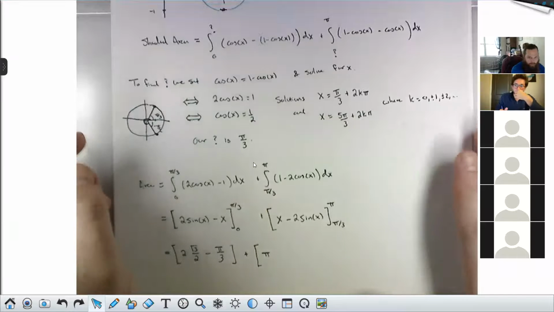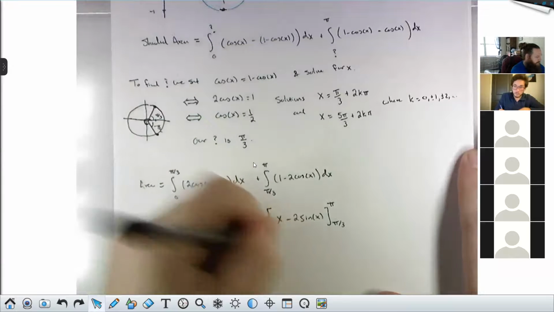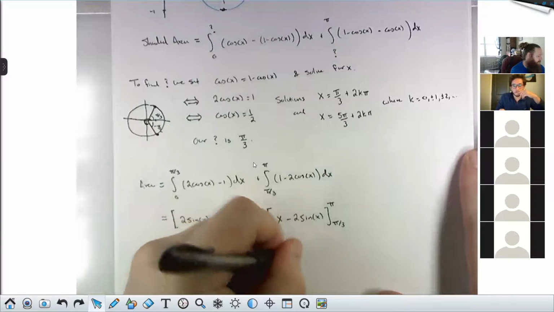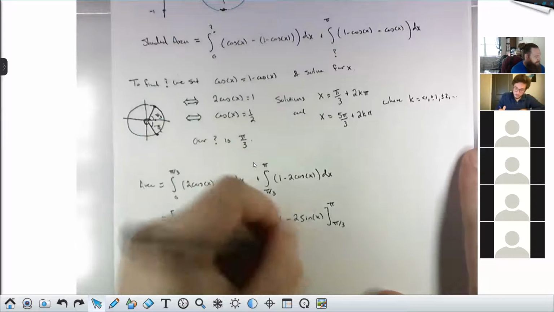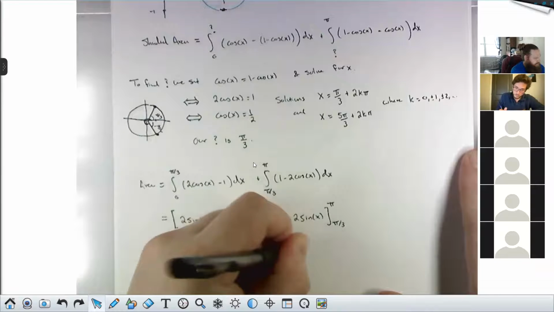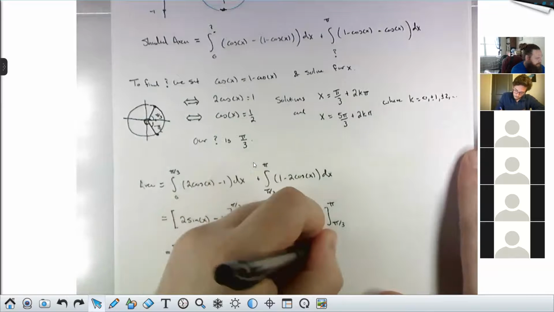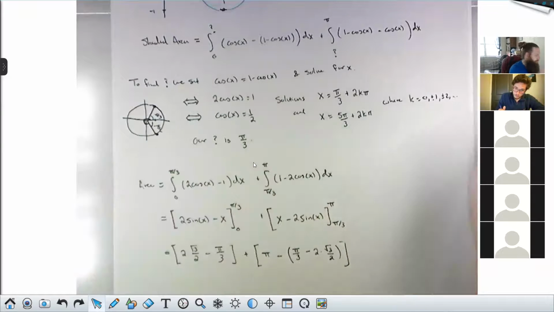0. Very good. When I plug in pi over 3, so I've got this minus, I'll open up parentheses here. When I subtract and plug in the pi over 3, I'll have pi over 3 minus 2 times, again, the sine of pi over 3, which is the square root of 3 over 2.